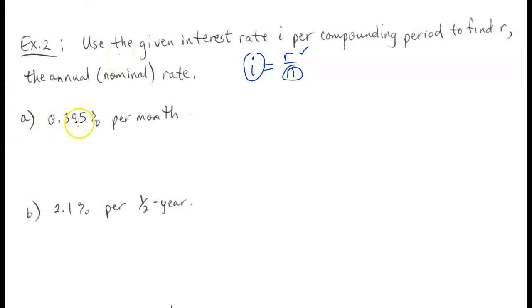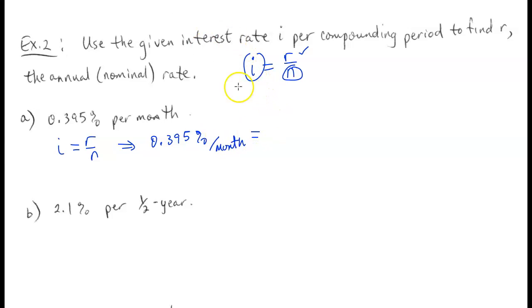Okay, so in this case, we'll have I is equal to R divided by N, and here we know that this is going to be 0.395% per month.